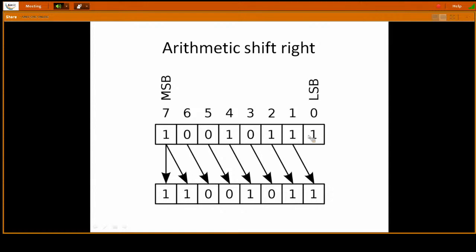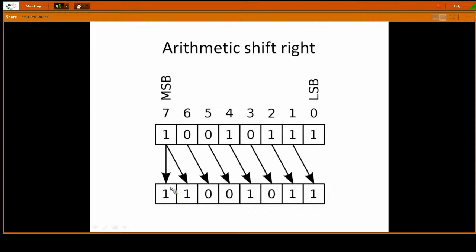You will simply discard your LSB position and a serial input of 0 will be transferred at the MSB position. But what happens in arithmetic shift is, here this 1 represents a negative number, and the same symbol will be copied at the MSB position. If you have 0 here, you will copy the 0 here. If you have 1 here, you will simply copy 1 here.